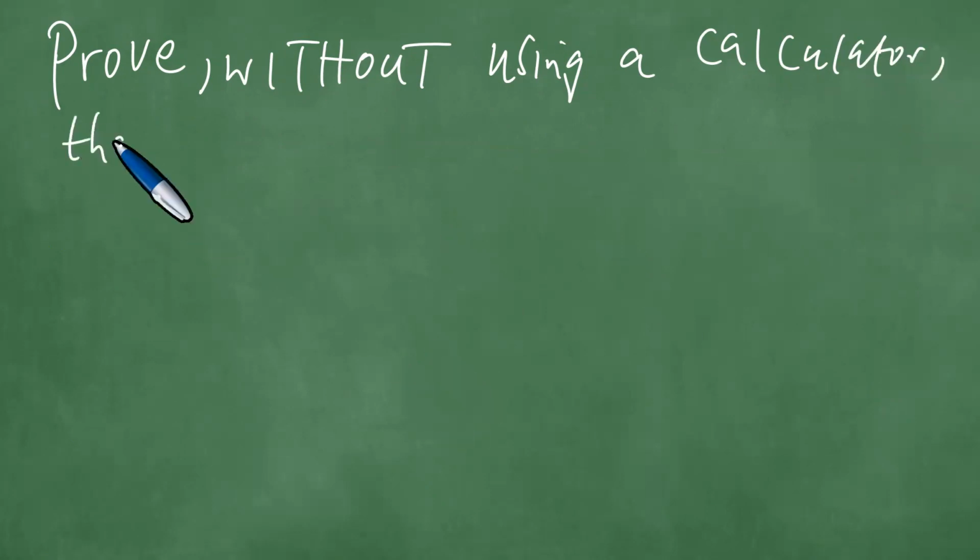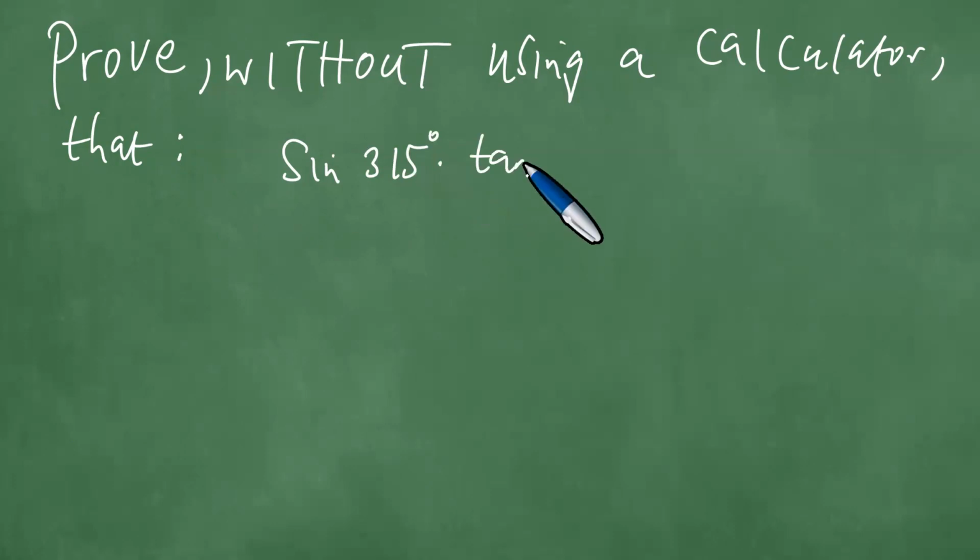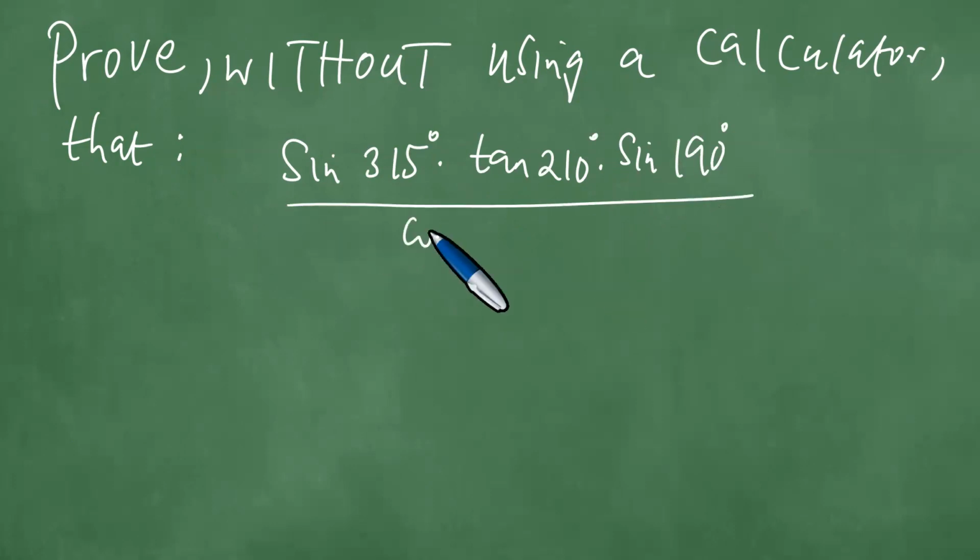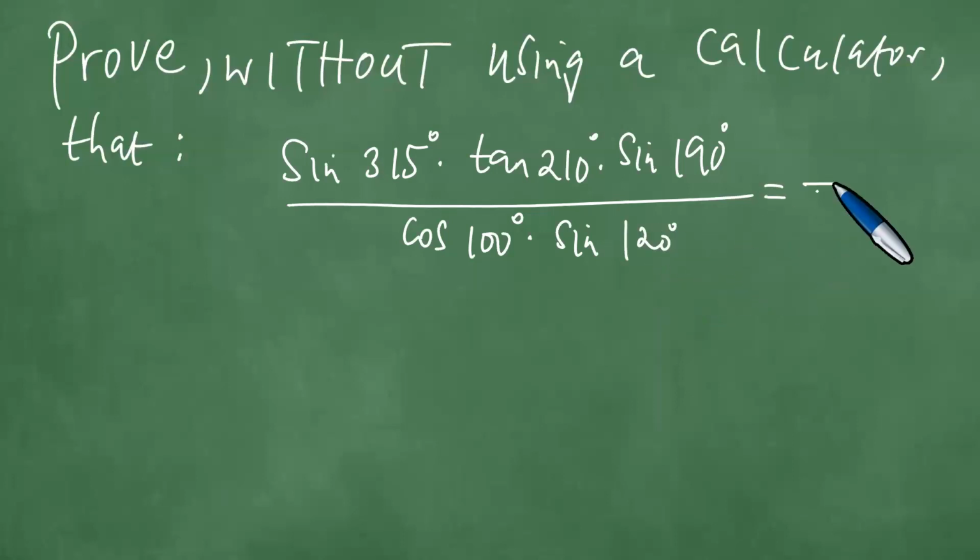that if we have the sine of 315 degrees, the tangent of 210, the sine of 190 degrees, the cosine of 100 degrees, the sine of 120 degrees, the result is minus the square root of 2 out of 3.